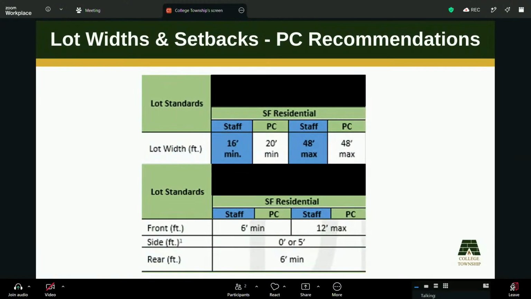You answered my first question, which was, in cases where the PC and staff differed, what did the consultant recommend? And if it was different, why? We got the answer to that on the 16 versus 20 at the work session. Density, affordable housing options.